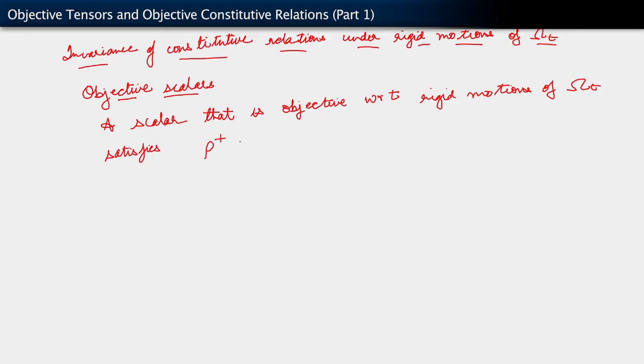rho plus of x plus comma t equals rho of x comma t, right? Where x plus is c t plus q t x.